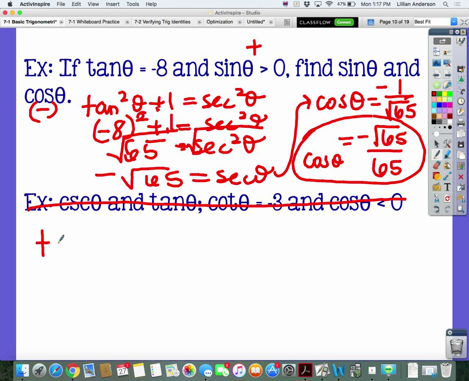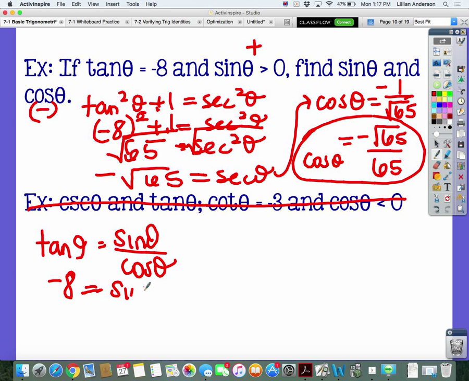But I'm going to use the quotient identity, which is sine theta over cosine theta. I'm going to plug in the fact that I know tangent is -8 and that cosine is -root 65 over 65.